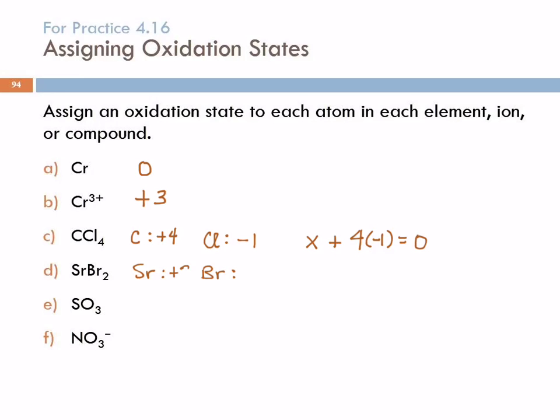The oxidation state is +2. And bromine, as bromide, has a 1- charge. So we expect the oxidation state to be -1. And then check, do those add up to 0? You've got 2 bromines, so 2 negative charges, and 2 positive charges, yes, they add up to 0.